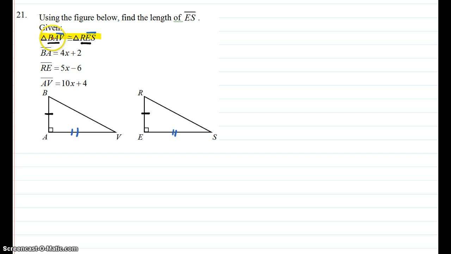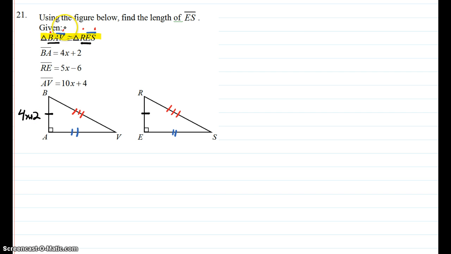And the last one, BV, is going to be congruent to RS. The reason I want to know that is because BA is equal to 4x plus 2, so we can put the 4x plus 2 here.